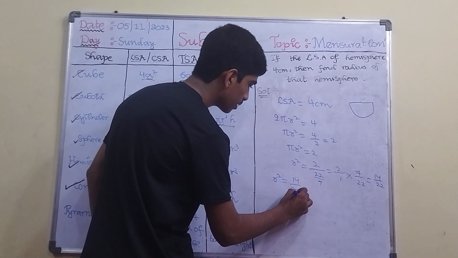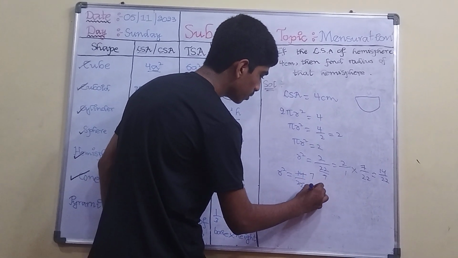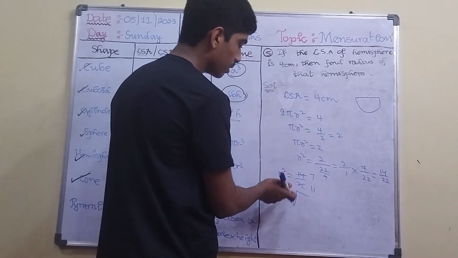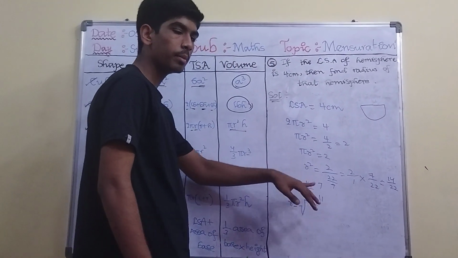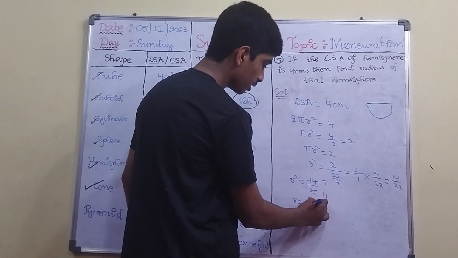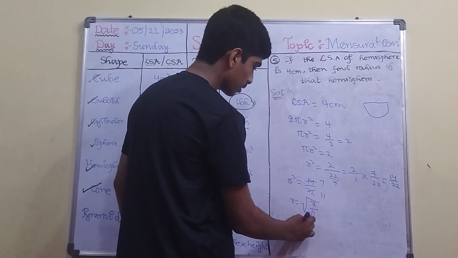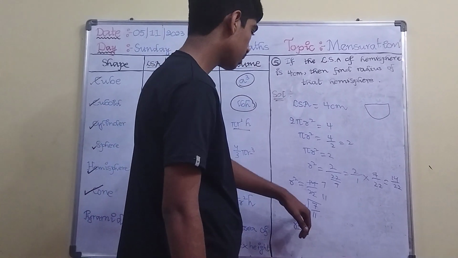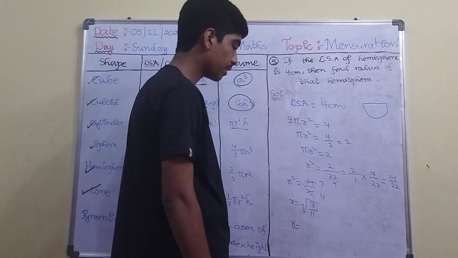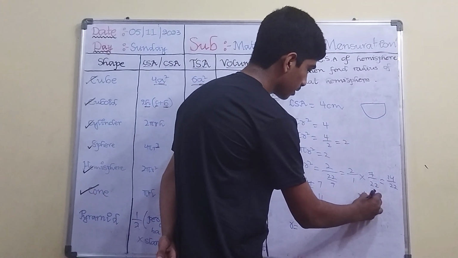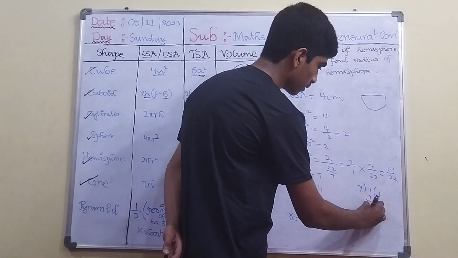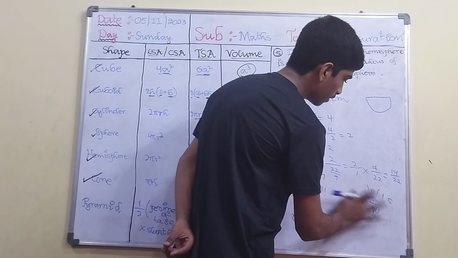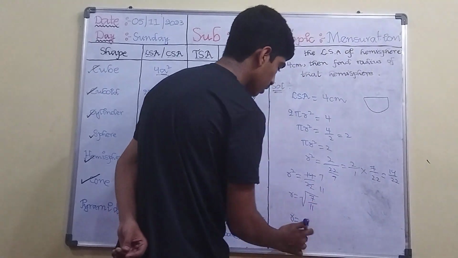Cancel it. 2 sevens are 14, 2 elevens are 22. R is equal to under root. Why is it under root? Because the square will go to the right hand side, so it will become a root. Root 7 by 11. So here first we have to divide 7 by 11. 0.63 under root.